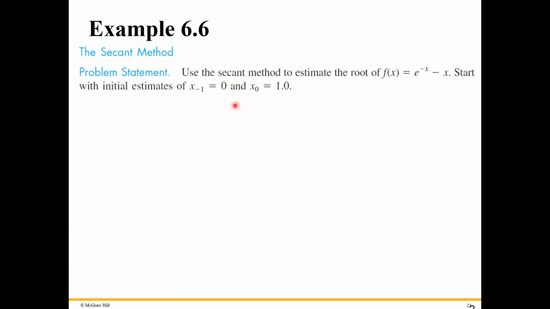Here, if you have the same example as we have tried in the previous two methods, a function of e to the power minus x, now we try the initial estimates at 0 and 1.